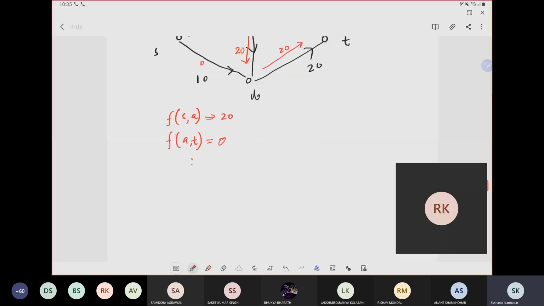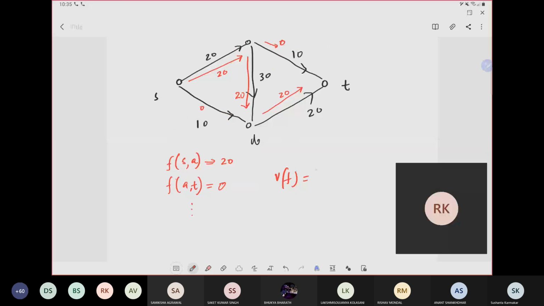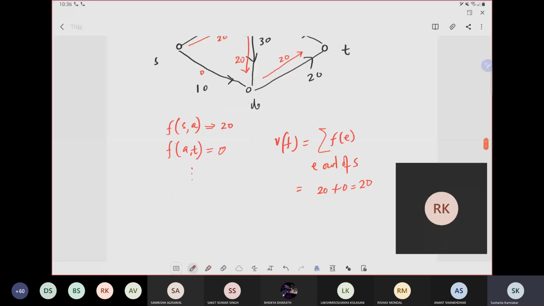I can assign and so on. So what is my value of the flow? That is the sum of the f(e) values for e out of S, which is 20 plus 0, which is equal to 20. So this is one such assignment.